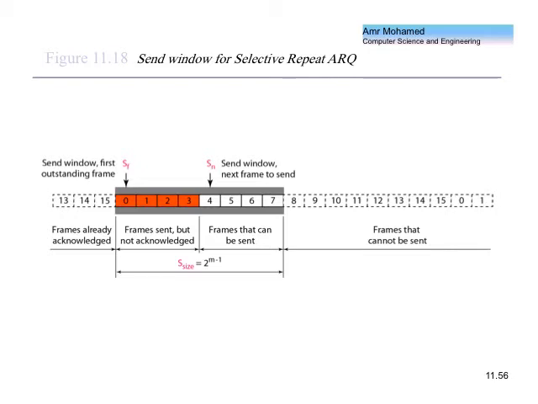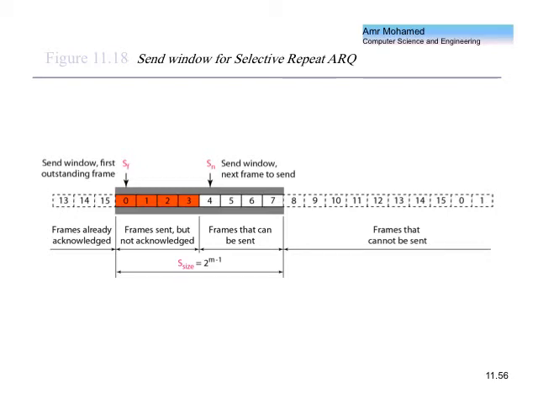It can accept the current location or maybe a few locations after, which means that the receiver will have a window, not just one, a window of frames that it can expect. So it may not receive the first one in the window. If it receives frame 2 or frame 3 before frame 1, it is allowed to accept them.